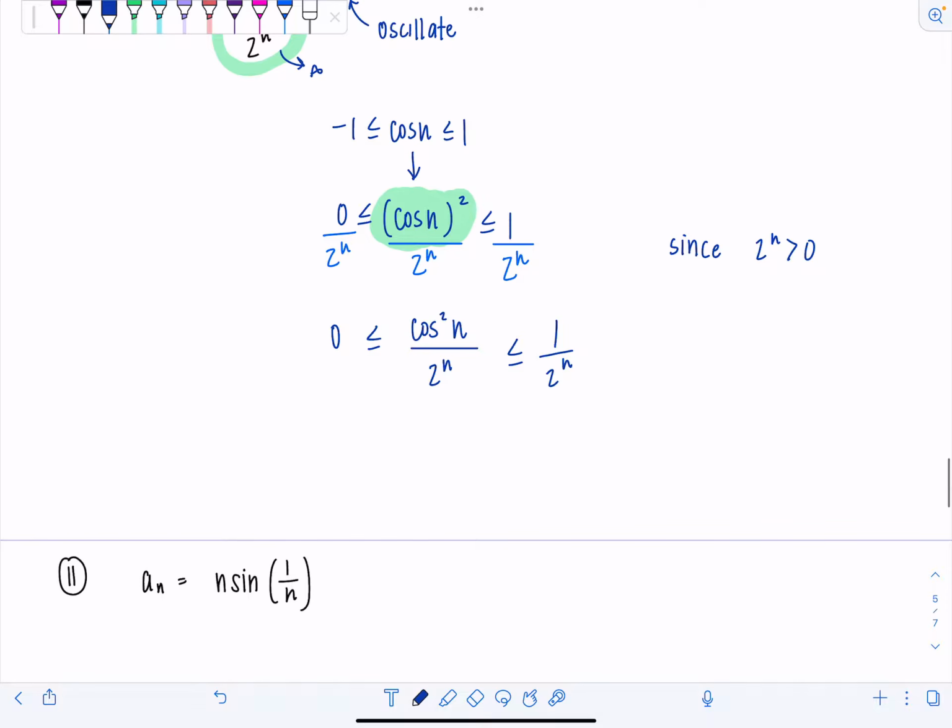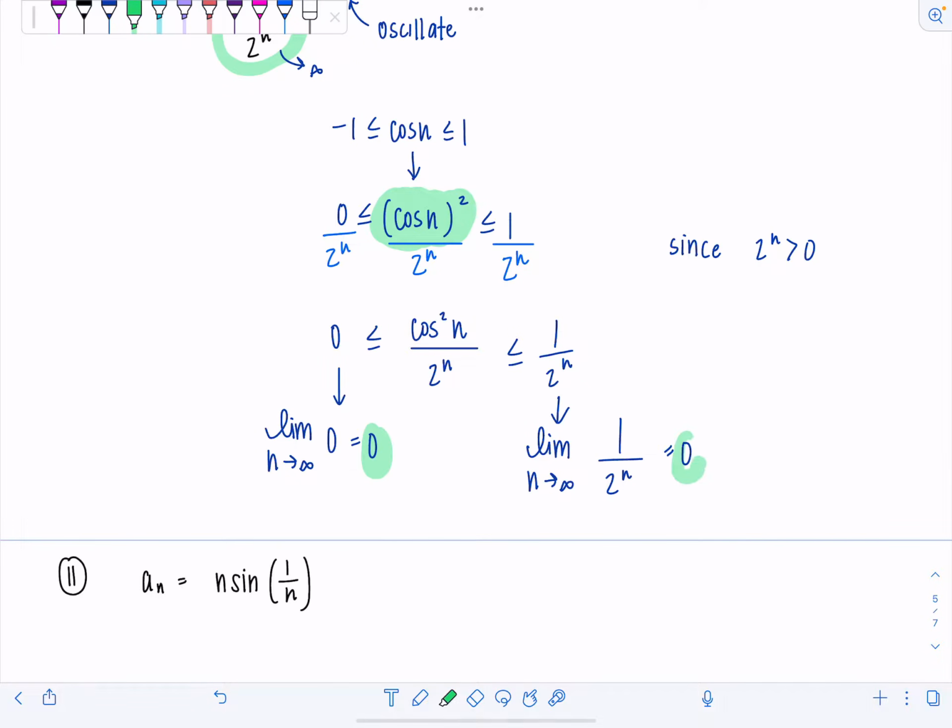So what does the squeeze theorem tell us? We'll take the limit of the lower bound. It's just a constant. Take the limit of the upper bound, 1 over 2 to the n. Well, 2 to the n is going to infinity, right? 1 over something approaching infinity goes to 0. Notice these are equal. So that tells us by the squeeze theorem, fabulous things.